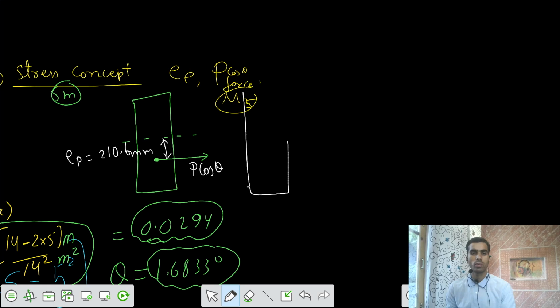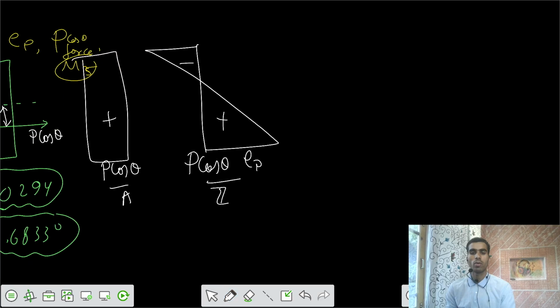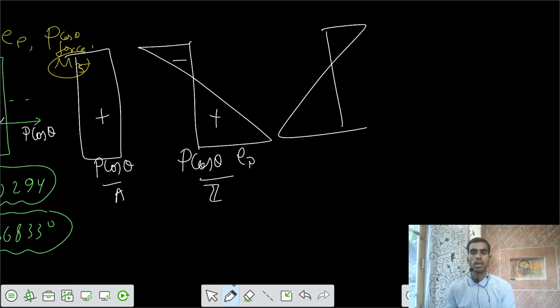So your stresses would be plus P cos theta by A, and one more stress: top tensile, bottom compressive, P cos theta e_p by Z. And because of the moment M5, we have top compressive, bottom tensile, M5 by Z.